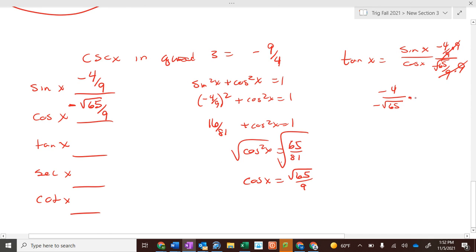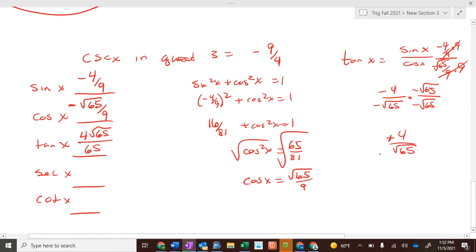Can't leave square roots on the bottom, so multiply by negative square root of 65 on the top and bottom. So you get negative times a negative is a positive 4 square root of 65 over 65. Now if we backtrack a step, you had positive 4 over square root of 65.